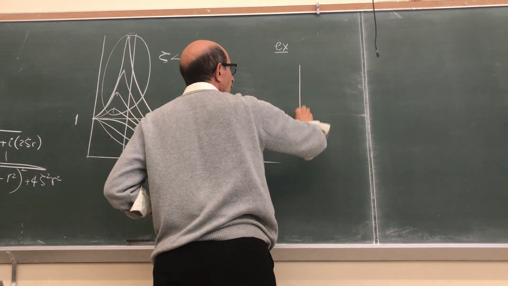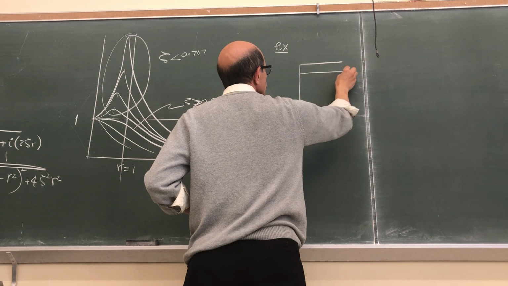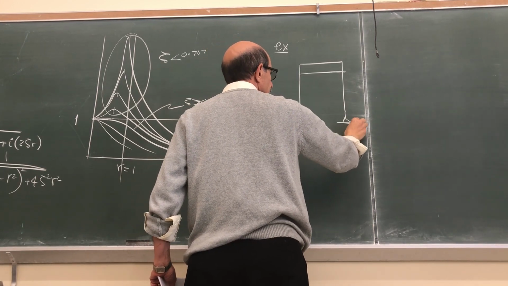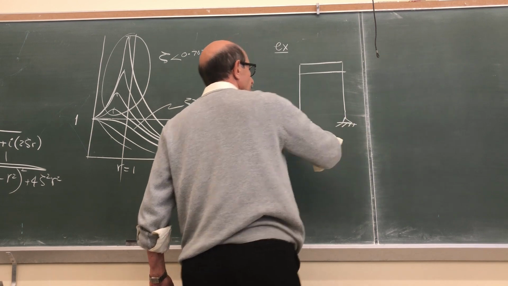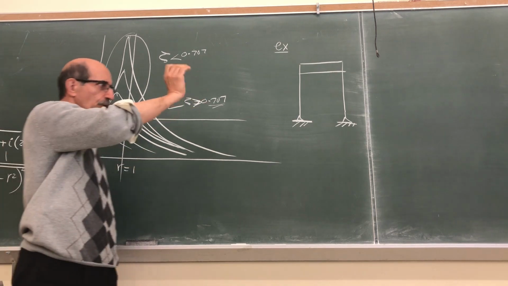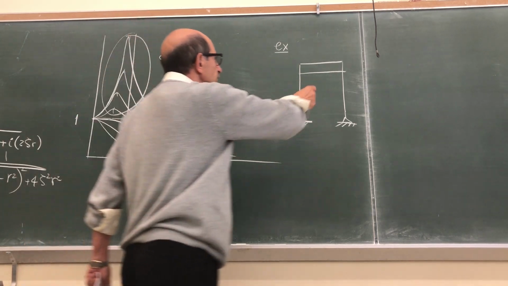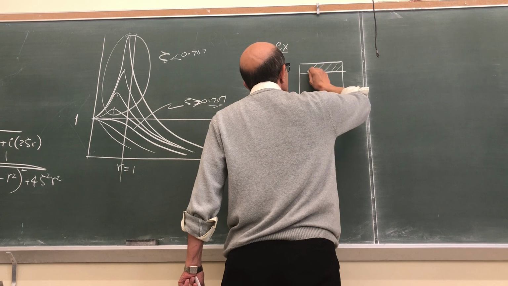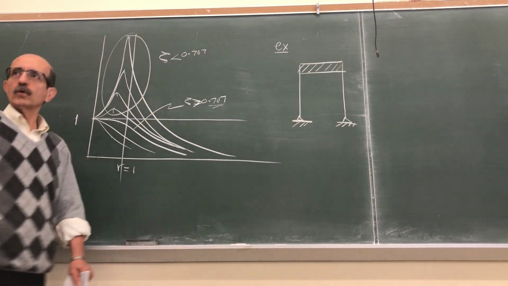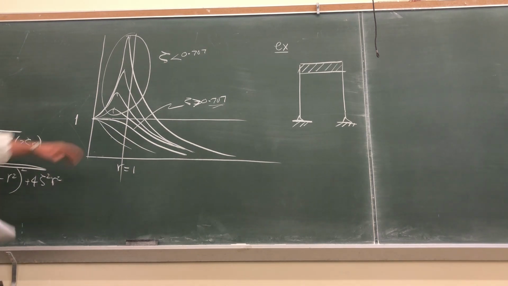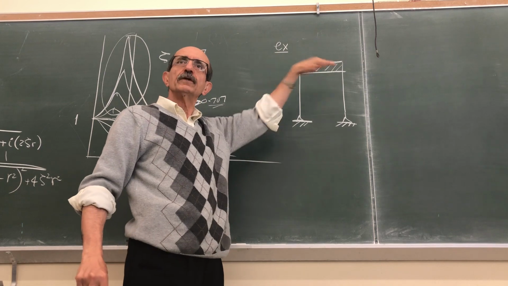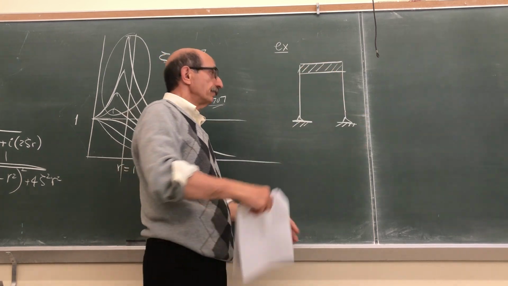Let's assume that we have, say, a building, and this building is like this. It's not fixed, it's hinged to the floor. It may be a building, or actually some kind of a raised floor, or some kind of a system or foundation that supports rotating machinery.